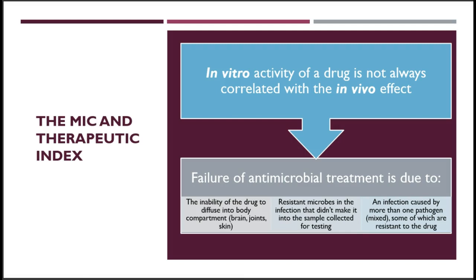So there are some things that can contribute to the failure of an antimicrobial that is given to a patient as therapy that has shown to be effective in the lab. And the first is that the antimicrobial may not be able to diffuse into certain compartments of the body like we need it to.